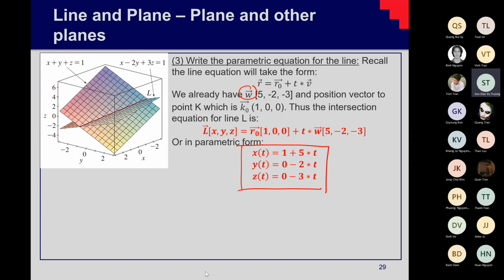And we also have the equation for the plane P1: ax plus by plus cz plus d equal to 0. So at the intersection point, the parametric equation for the line will also have to satisfy the equation of the plane. Therefore, we can convert the plane equation to be in terms of the parameter t, and we can solve for t.